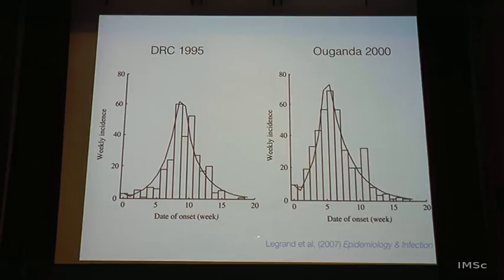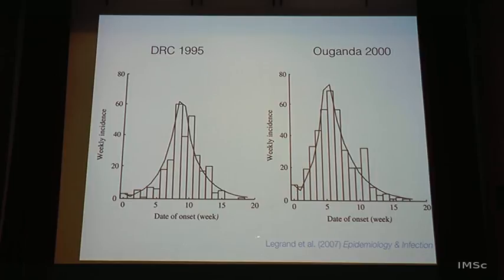So they had access to the outbreak in DRC from 1995 and another outbreak in Uganda in 2000. And in both cases, they only have access to the overall curve, so the number of cases over time. That's the kind of data that usually you can find on the internet. It's just the number of cases reported over time.